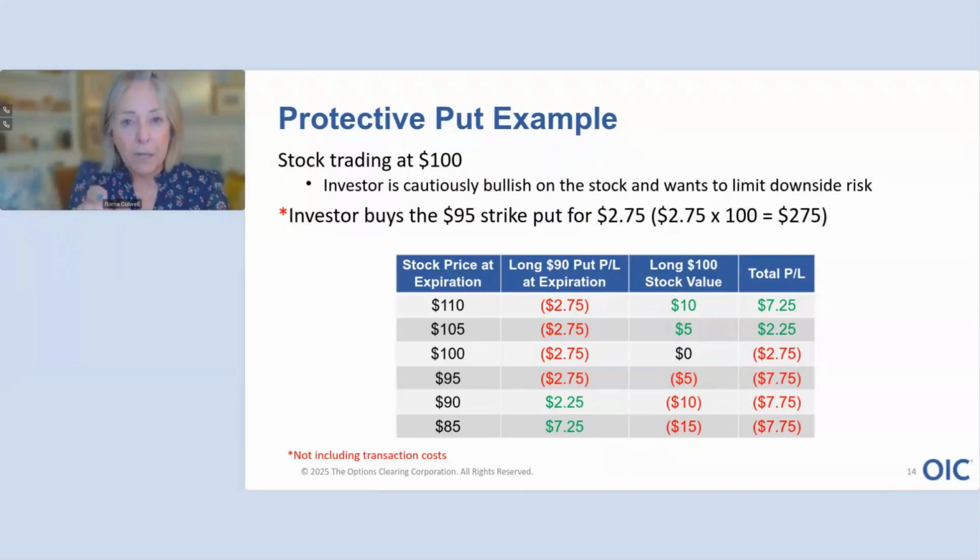We will have a $5 loss in there, plus whatever we paid for it, so $2.75. So the most we can lose on this trade is $7.75, even if it goes to zero, because we have stopped that potential loss at a 95 strike.